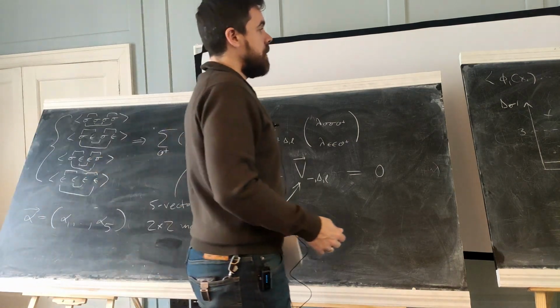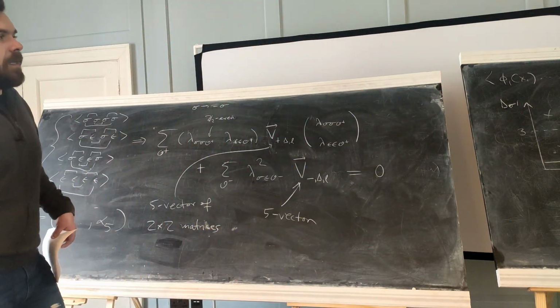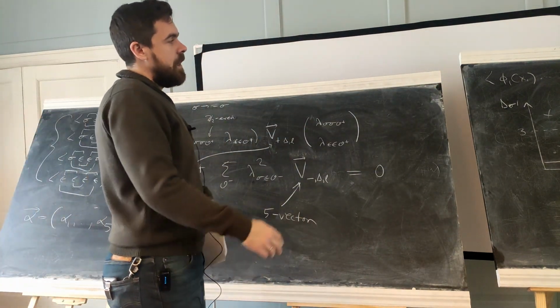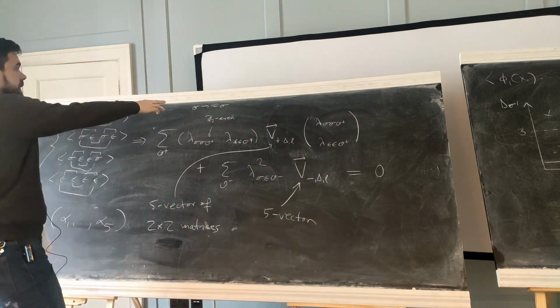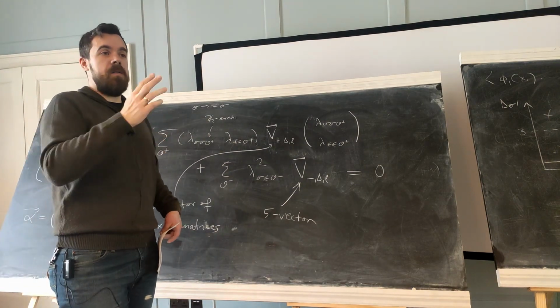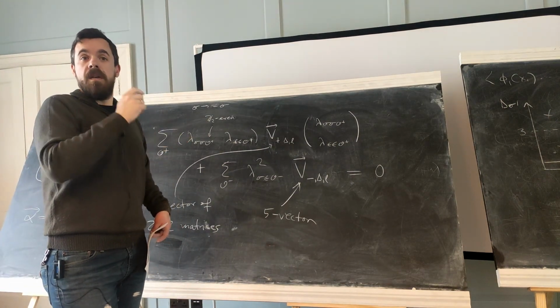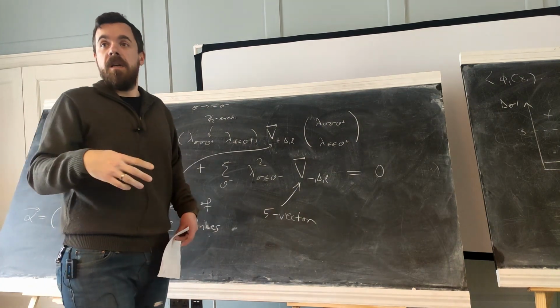So this method now can be applied in all sorts of different settings. You can apply it if you have a theory with a global symmetry that isn't just some Z2, can be any global symmetry. You can apply it in the O(N) model. You can apply it in any dimension. You can apply it for theories with supersymmetry or not.